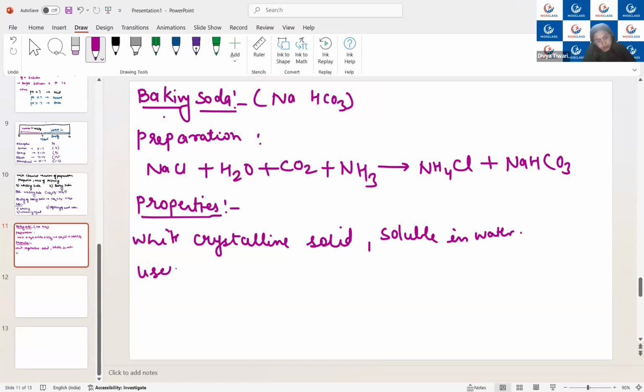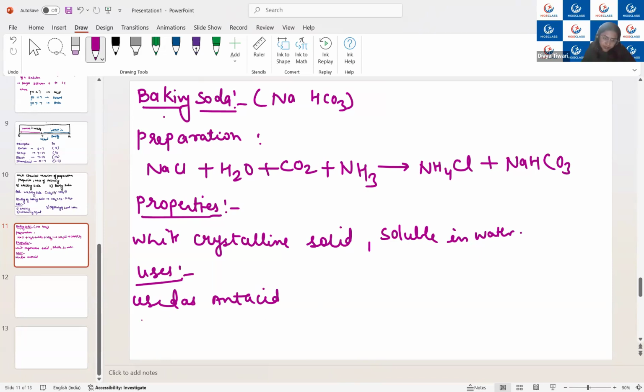Now uses: used as antacid. Antacid means when someone is suffering from acidity, then we have milk of magnesia somewhere. That's a form of this only. Okay.